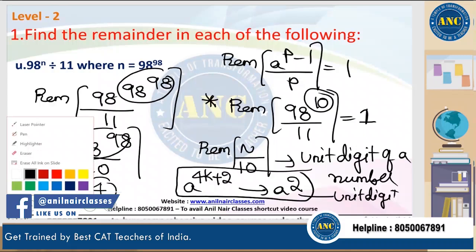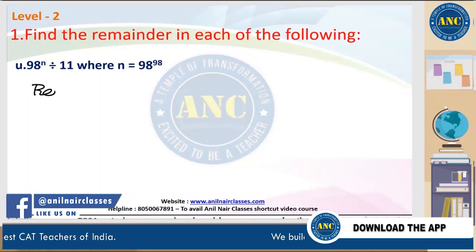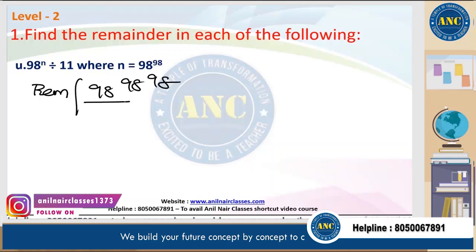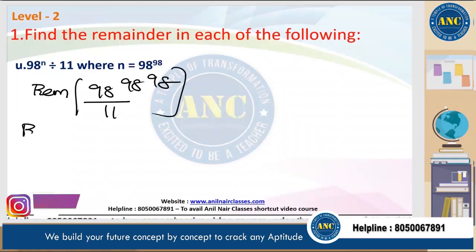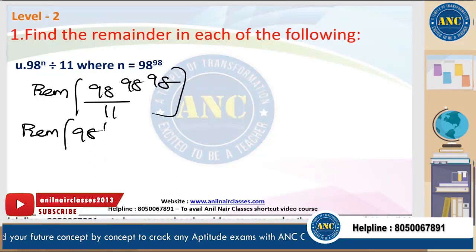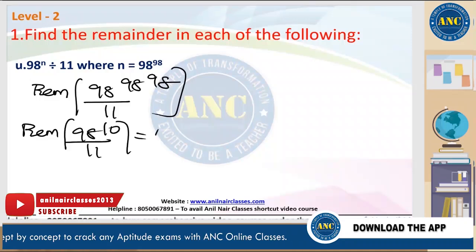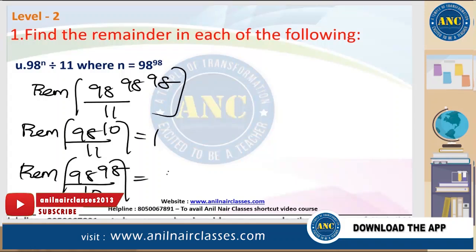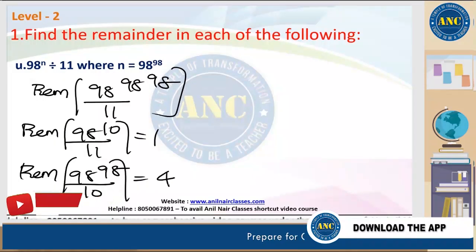Any number when divided by 10 is nothing but unit digit 4. So I will write down neatly in the next step. 98 power 98 power 98 divided by 11. 98 power 10 divided by 11 is 1. Next step is 98 power 98 divided by 10, which is 4.